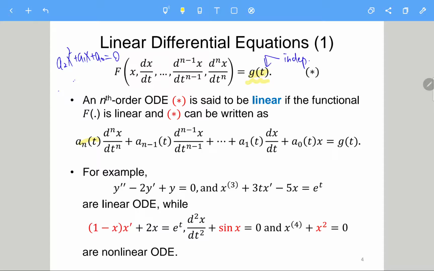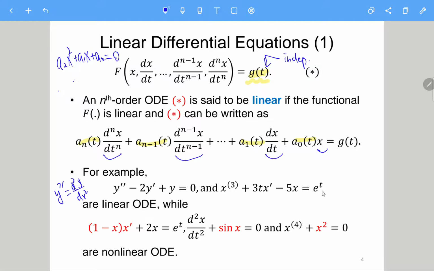These are only functions of time, and each is multiplied by the corresponding derivative. For example, y double prime means d2y/dx2 here. Of course, it does not show the independent variable. It may be x or t, it doesn't really matter.